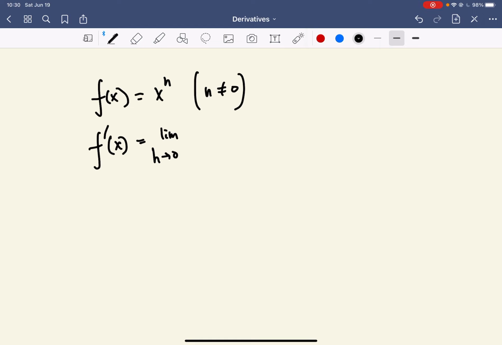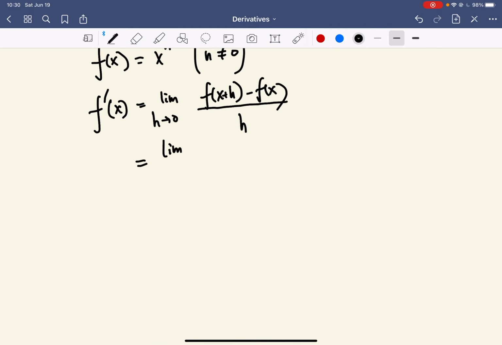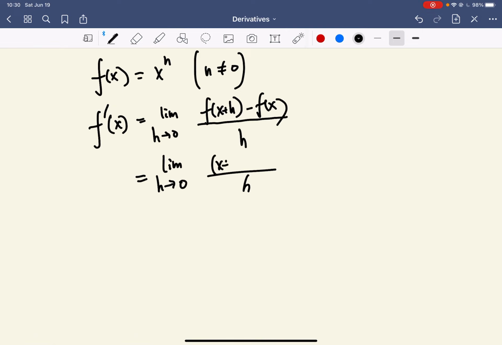So we will just use another variable to bypass this kind of annoying thing. So that will be the slope, f of x plus h minus f of x, over h, and that is obviously reduced to the limit as h approaches 0 of (x plus h)^n minus x^n, over h.